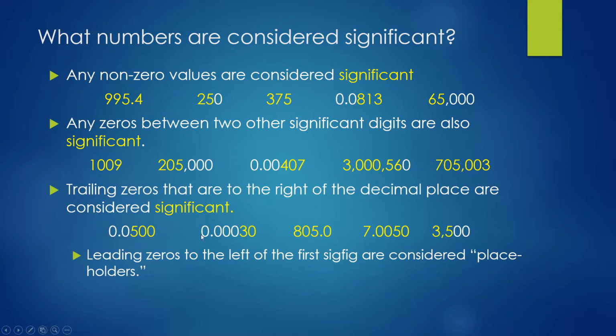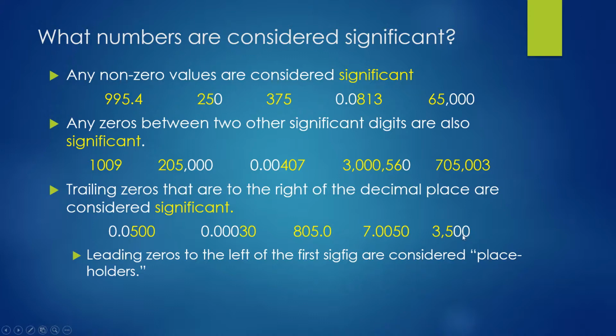Trailing zeros that are to the right of the decimal place are considered significant. As you can see here, the zeros that are to the front, the leading zeros, are not significant, but the zeros to the right of the decimal place that are trailing are. That's the difference between, say, 3,500, where the decimal place would be inferred to be right here.